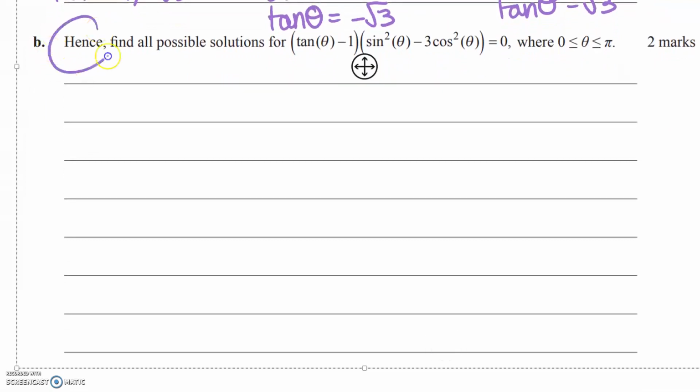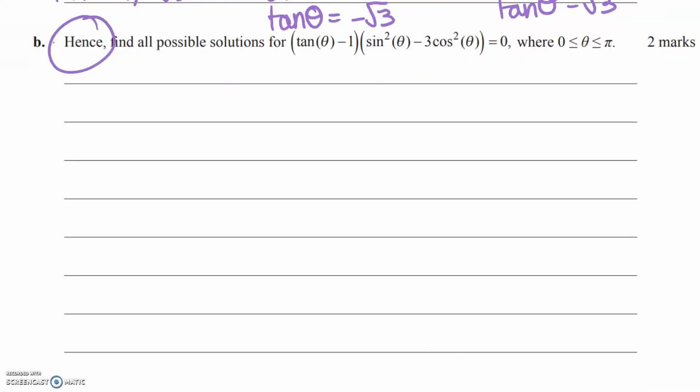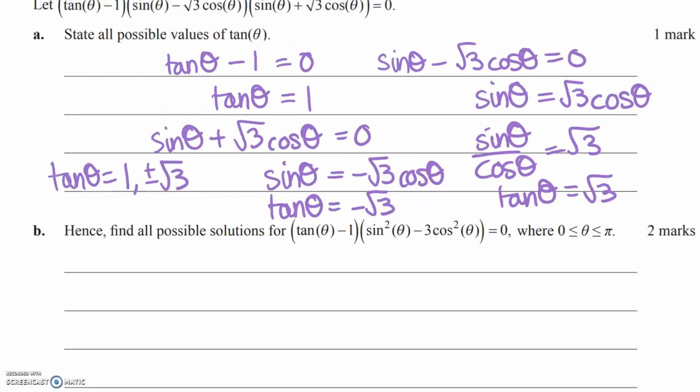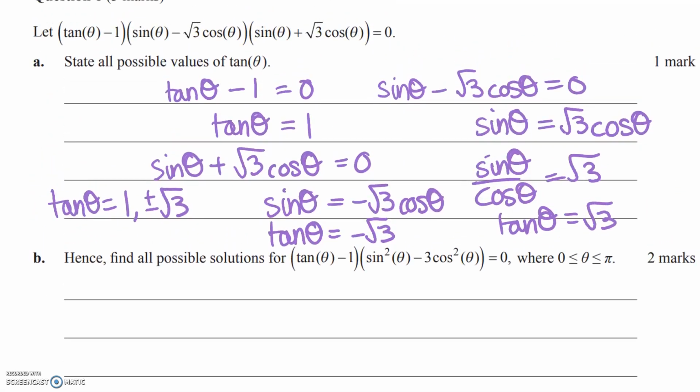Now this is a "hence", which means part A is going to be involved in some way. So if we look back up here, this equation is very much resembling this equation. And if we take out of our mind that these are cosines and sines, which we're not used to dealing with in this double bracket situation, realistically this is a difference of perfect squares. This is a difference of 2 squares.